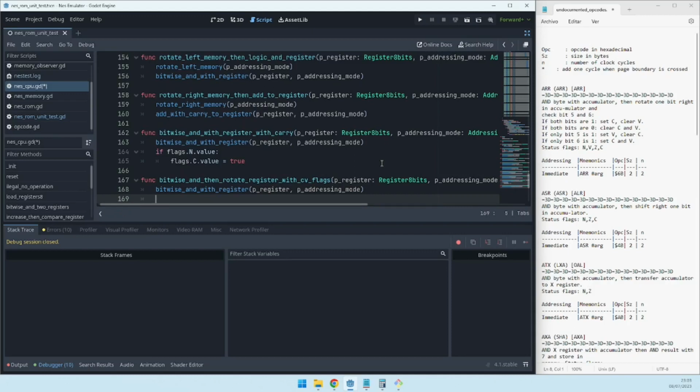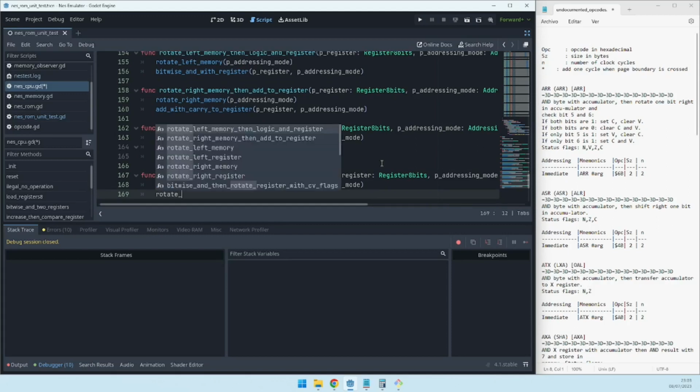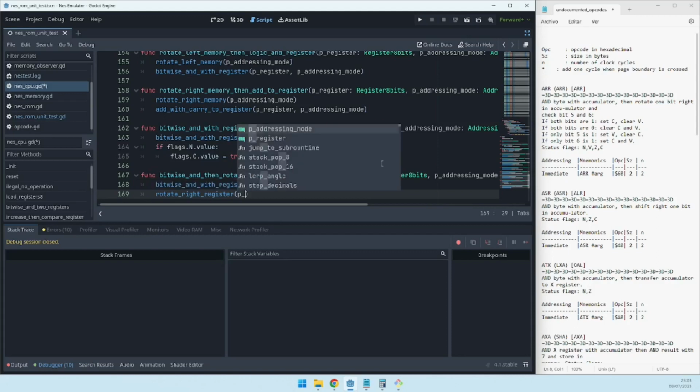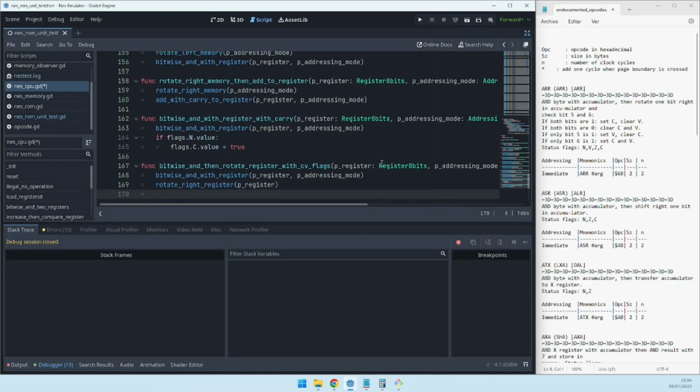Then rotate 1 bit right the accumulator. So rotate right register, the register, and we are going to check 5 and 6.